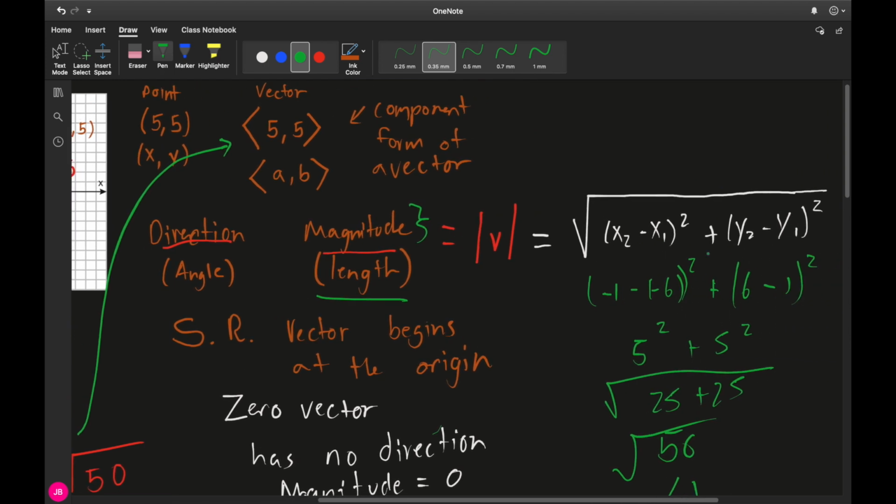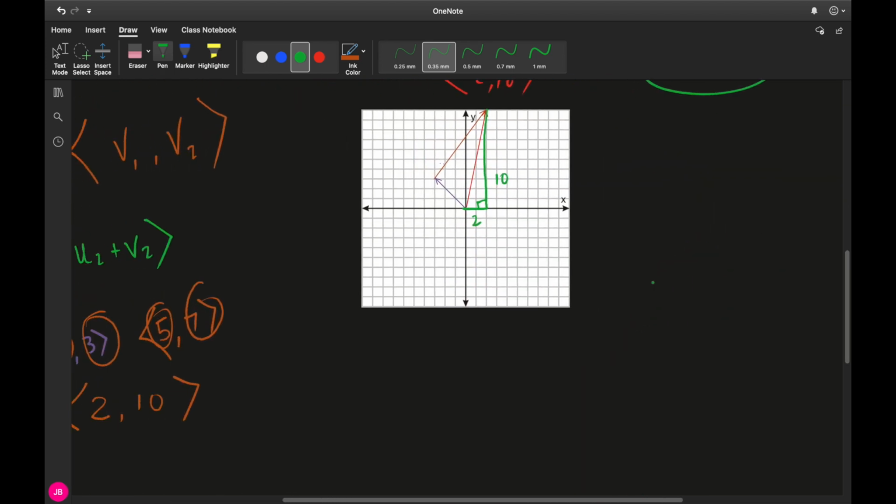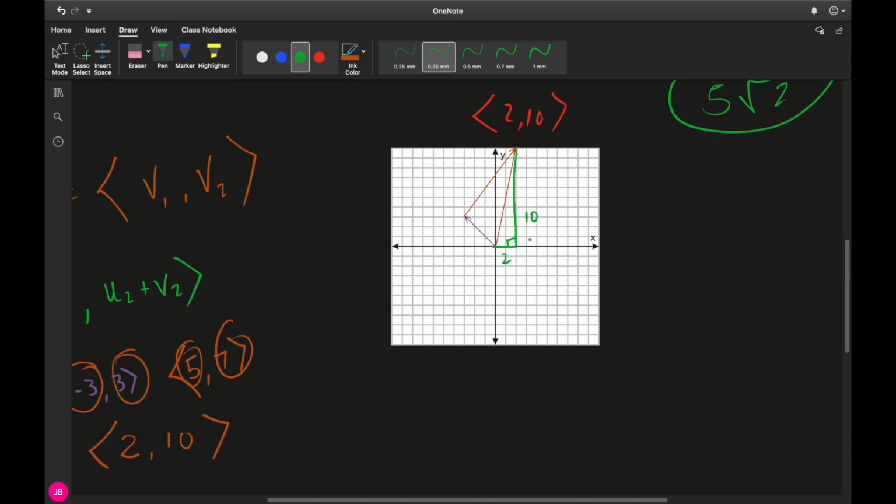By the way, this is the distance formula, just in case you hadn't recognized yet. Or you could use the Pythagorean Theorem. So you can set up 2 squared plus 10 squared is equal to your magnitude squared.